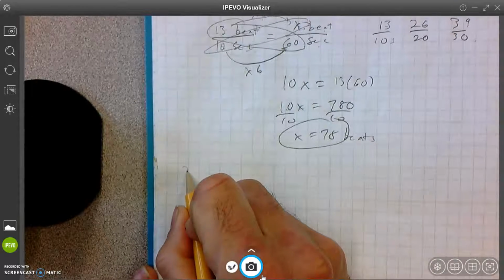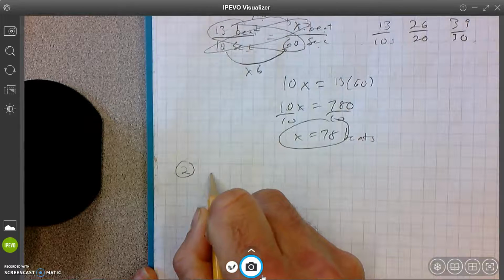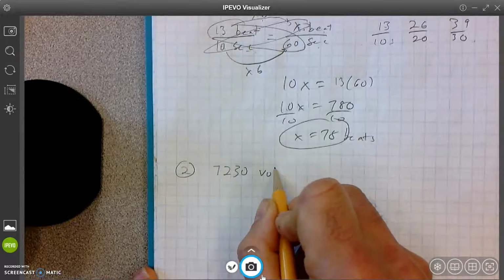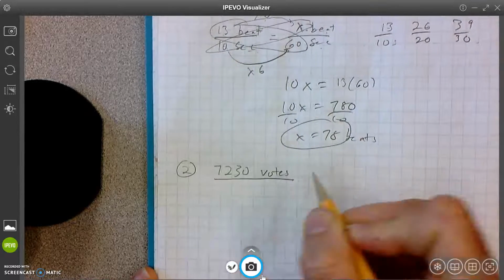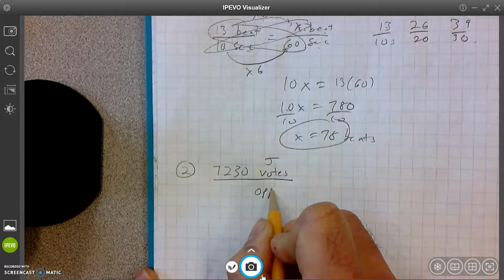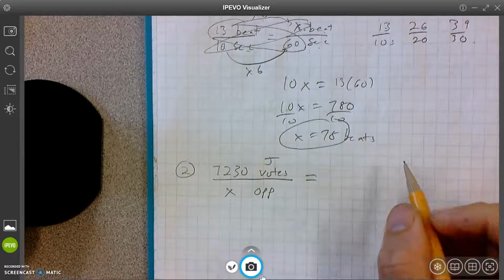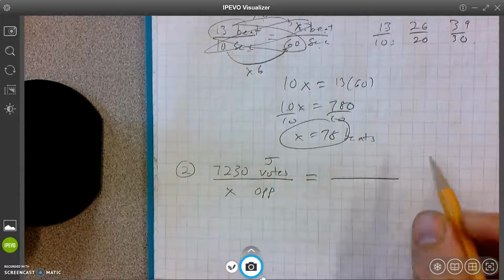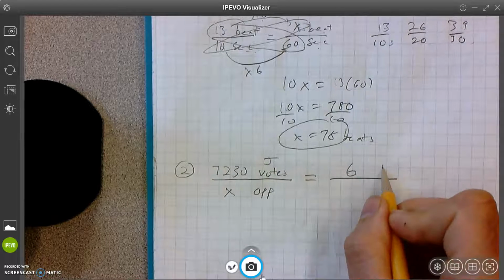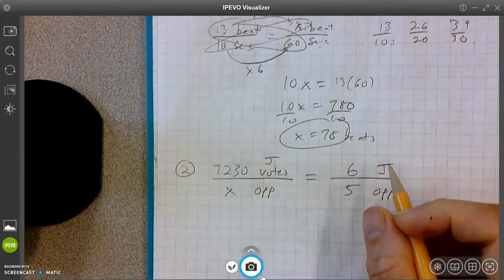So number 2, let's say. So Justin got 7,230 votes. That's for Justin. And his opponent, how much did his opponent receive? Boom. So if it says 6 to 5, that's going to be 6 votes for Justin, and then 5 for his opponent, like that.